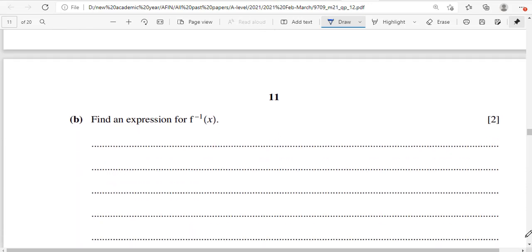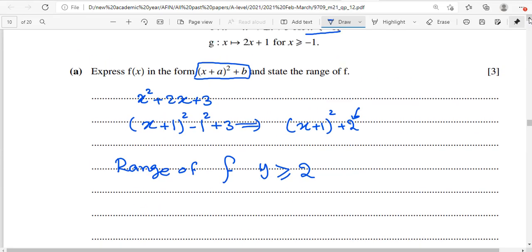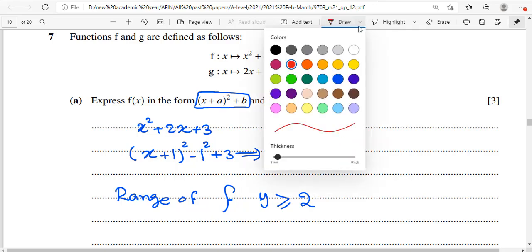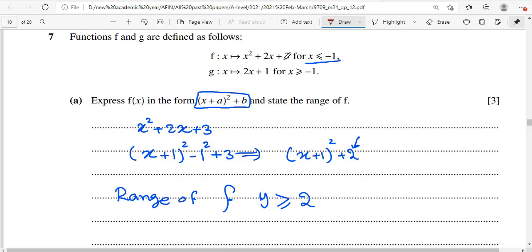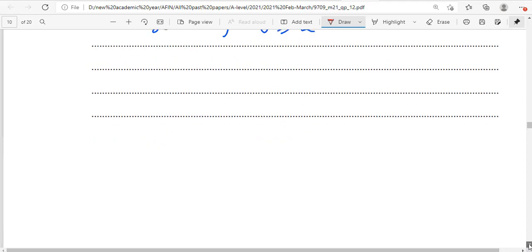Secondly, we need to find f inverse. Let's make sure about f. To find f inverse, we can use this, or I suggest always, when you have a quadratic equation and you are required to find its inverse, write it in the form of completed square, then find the inverse, and I'm going to tell you why.